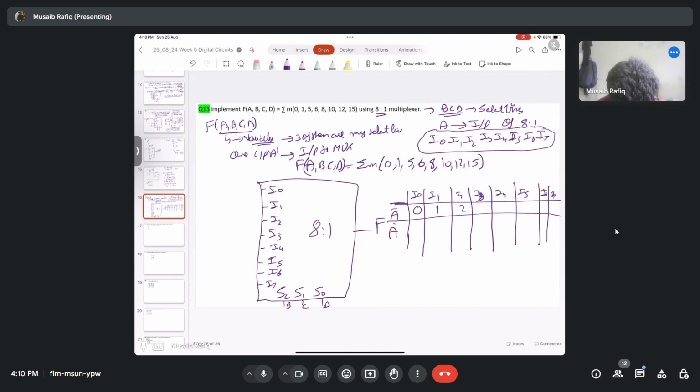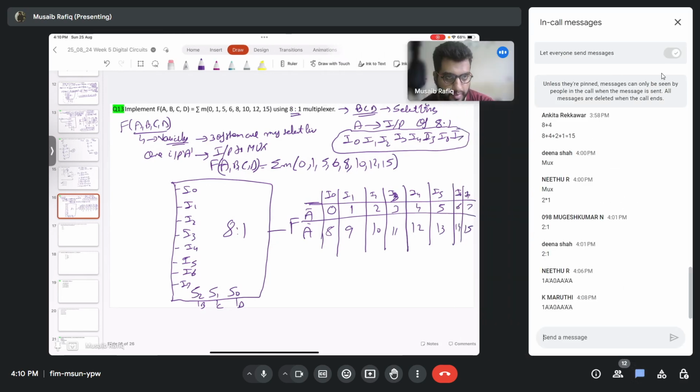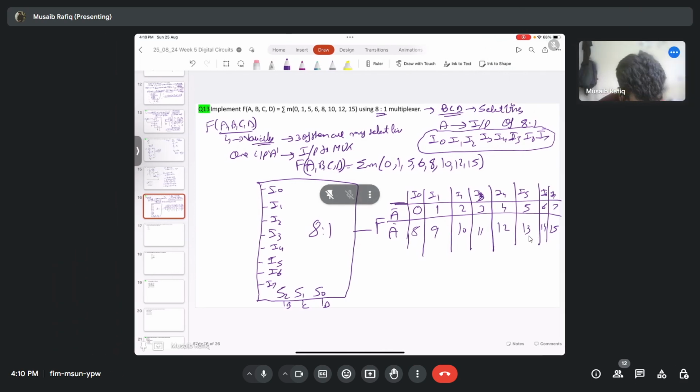Then 0, 1, 2, 3, 4, 5, 6, 7, 8, 9, 10, 11, 12, 13, 14, 15. The terms that are there in the function, the minterms, I'll encircle them, right? As I told you, I'll encircle all those terms that are in the function. So 0, 1, 5, 6, 8, 10, 12, 15, right?